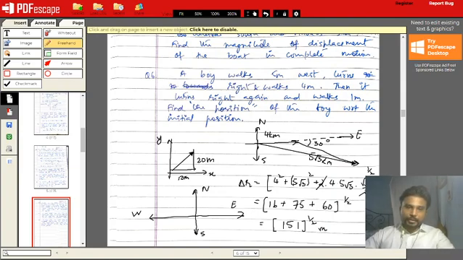So let's say the boy walks 5 meter west. So it has moved a distance 5 meter along west direction. It turns right. So now from the frame of reference of the boy, if it has to turn right, then it would turn from west to the northward direction.